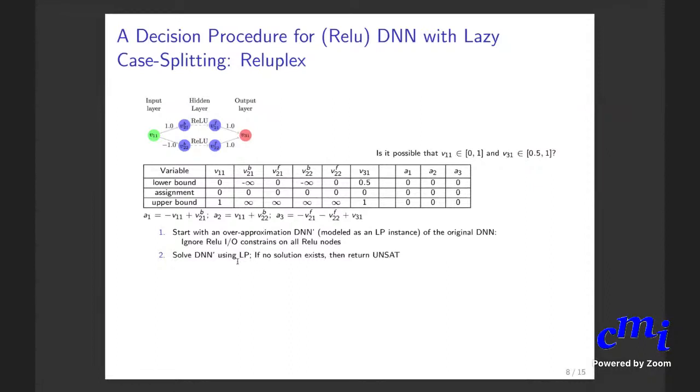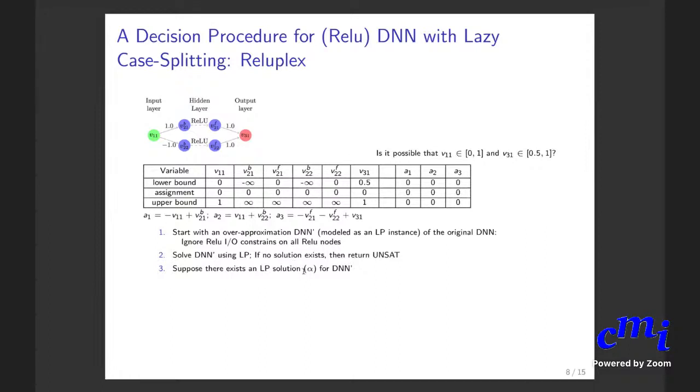Now, suppose there exists a solution for this over-approximated LP instance of your problem.